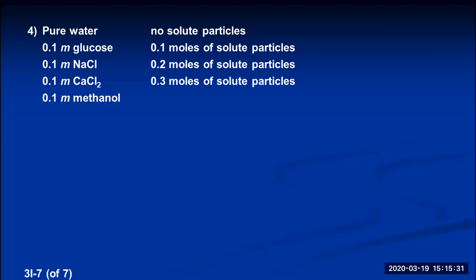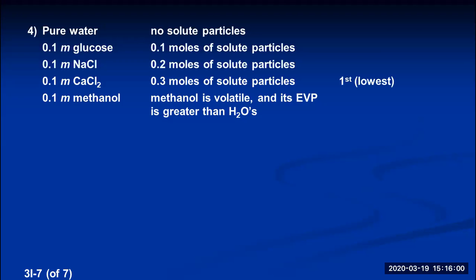And anytime you have a solution made of 2 volatile components, the vapor pressure of the solution will always be somewhere between the vapor pressure of the pure solvent and the vapor pressure of the pure solute. So water has a vapor pressure of 23.8 at this temperature, methanol 143. So a solution of methanol and water would have to have a vapor pressure between 23.8 and 143. Therefore, it's going to actually be higher than that of pure water.